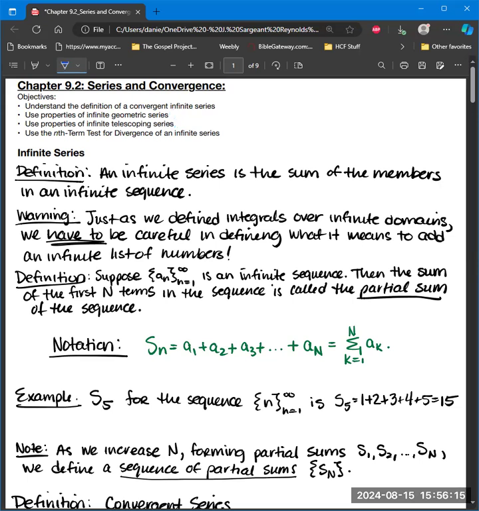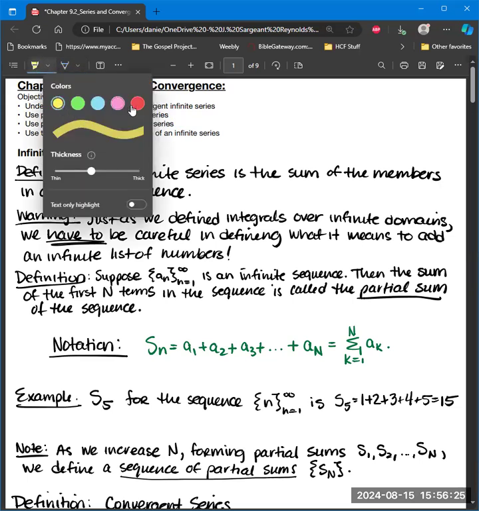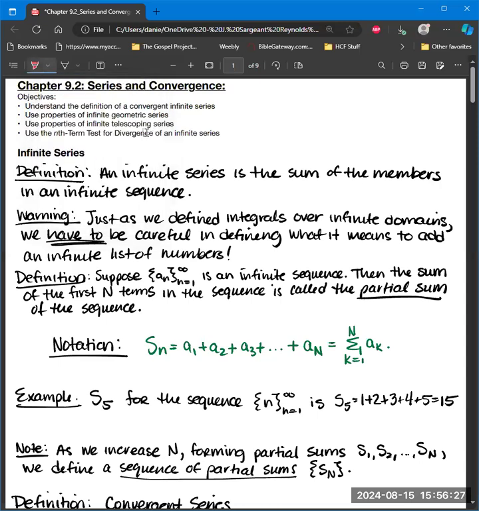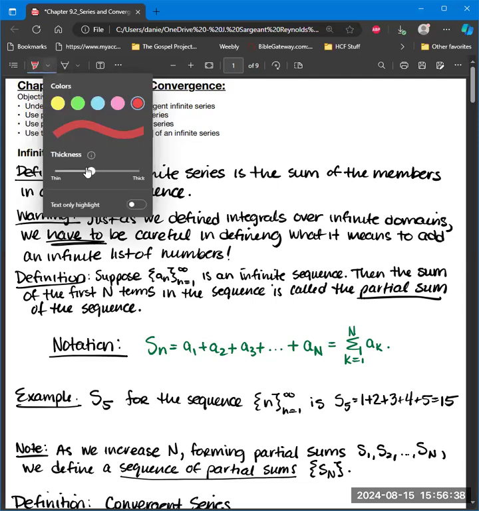So let's go ahead and talk about some things here. Actually, let me just point out that this is a test for divergence of an infinite series.